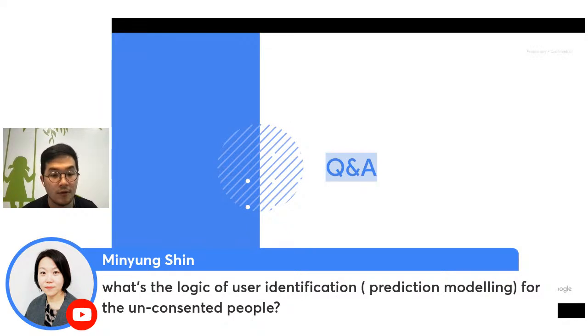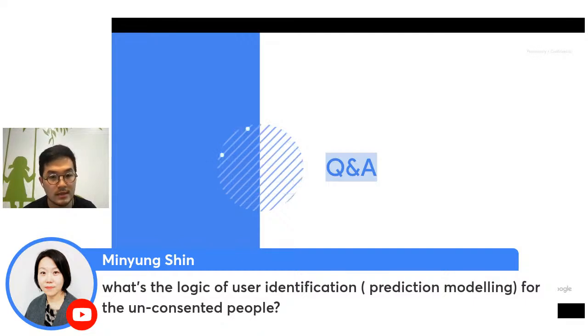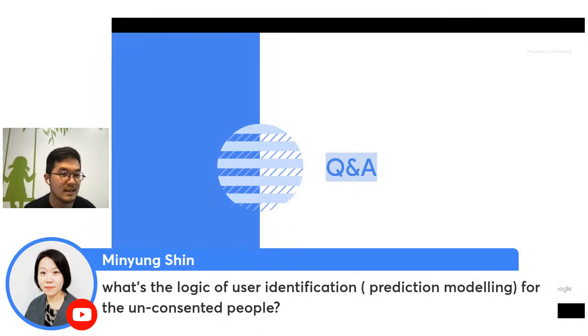For the unconsented people, those data will be sent not really aggregated, but without user identification. So which means we are receiving a pack of data where I don't know who it is.